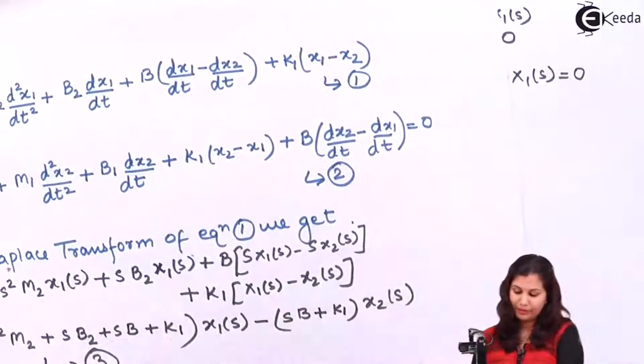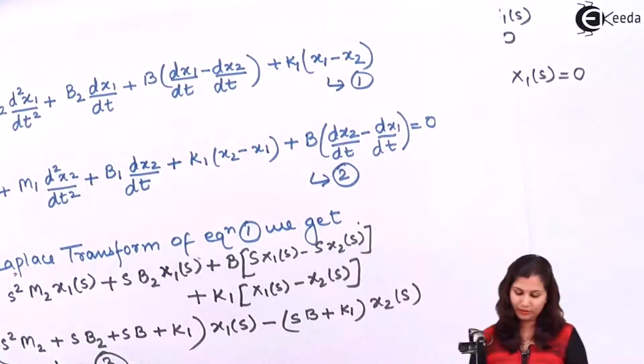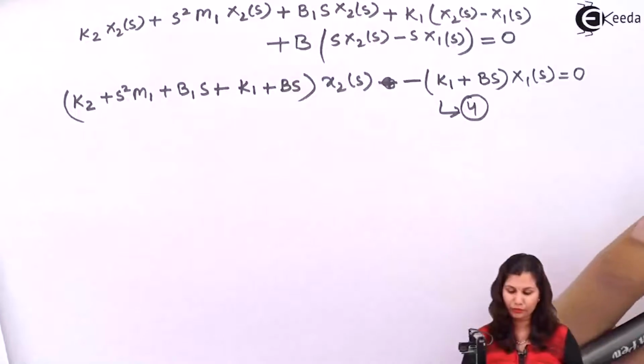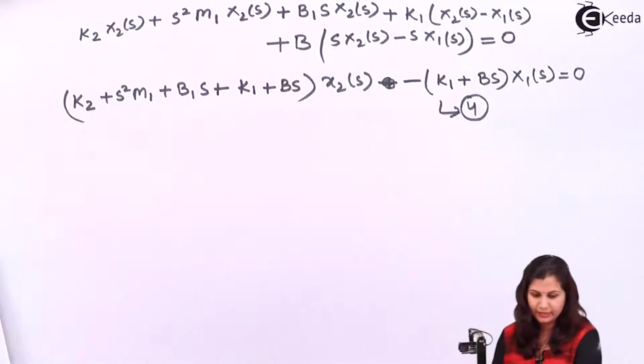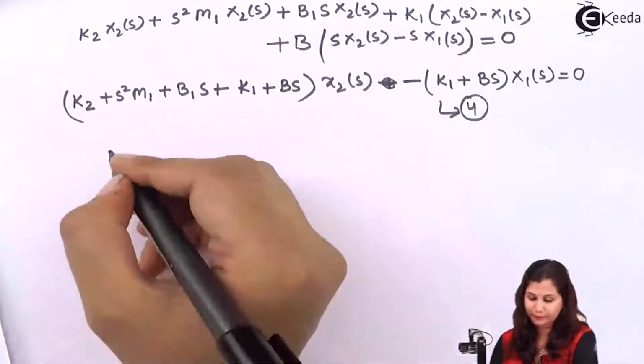We have got the Laplace transform of both the equations. This is the third equation and the fourth equation. So from these two equations we will get the value of X1(s).